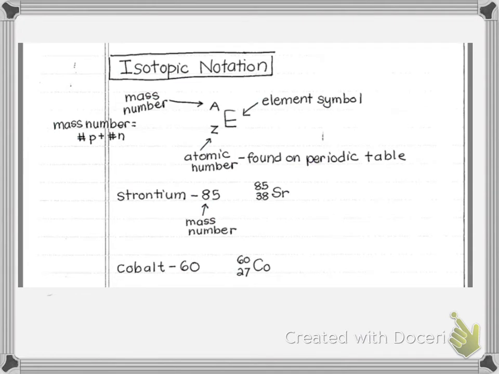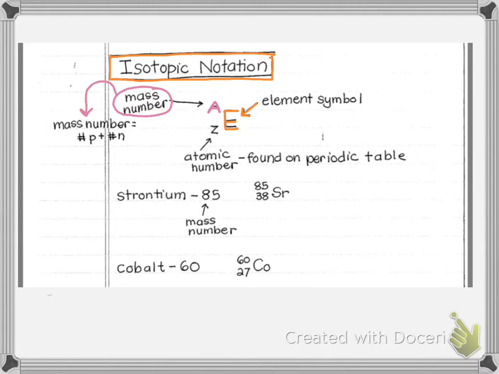Let's review isotope notation. We had done this earlier in the course. In a general form, we have the element symbol, which we can find on the periodic table. As a superscript, we have the mass number. Recall that the mass number is not found on the periodic table.